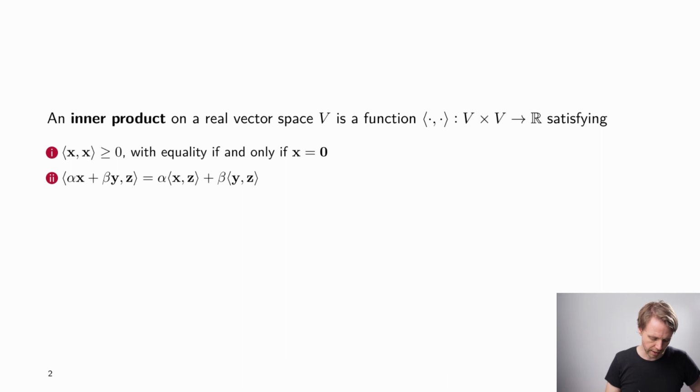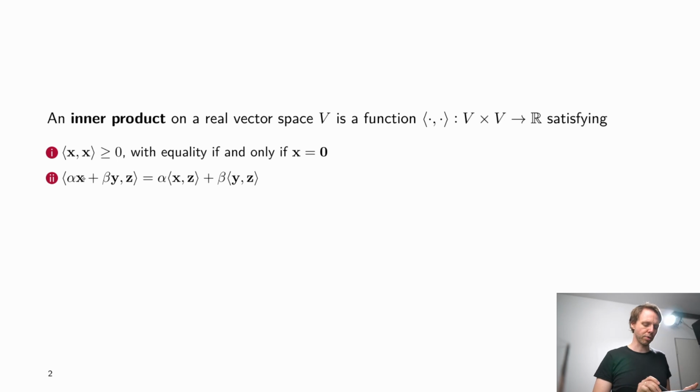Second, if we take the inner product between alpha times one vector x plus beta times one vector y and z, this is the same as alpha times the inner product between x and z plus beta times the inner product between y and z.